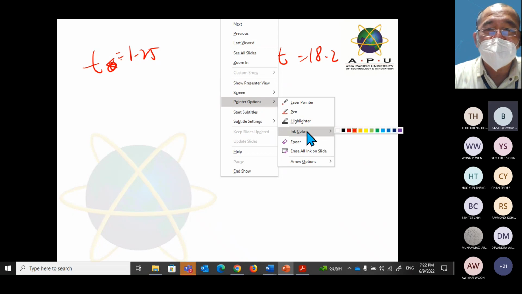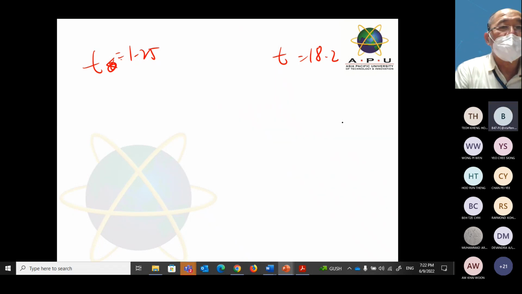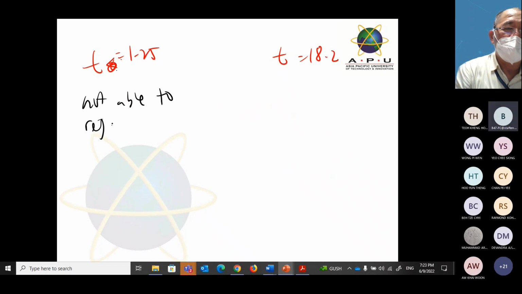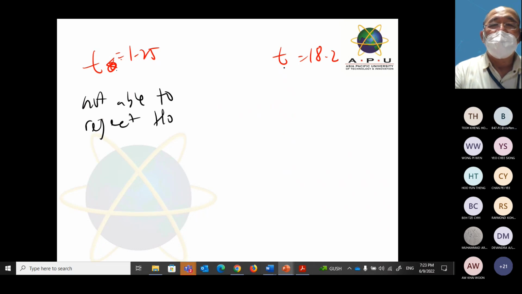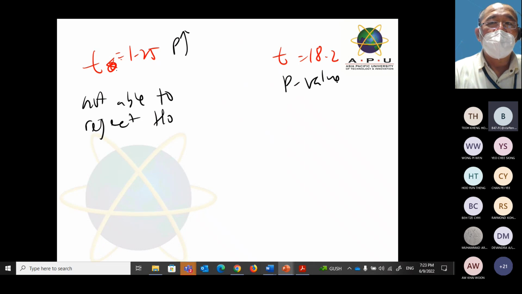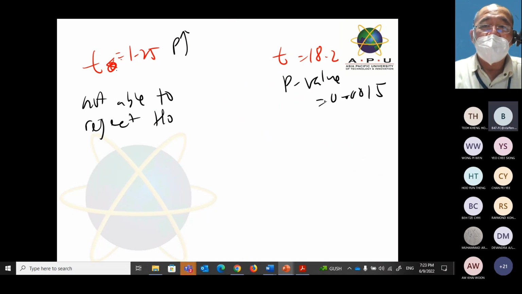So there are two different scenarios. T equals 1.25 means we are not able to reject the null hypothesis because it is too small. Remember, small T means the P value is large. If T is large, the P value must be very small, for example 0.0015, very small, so we can reject the null hypothesis.